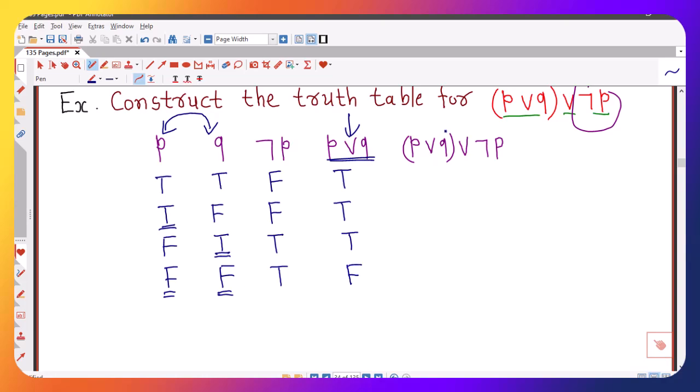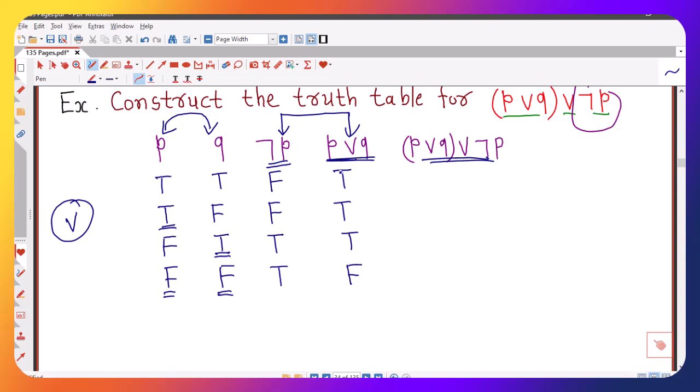Now in the next step I have to take the disjunction of these two, P or Q, and negation of P. So again we apply the same definition of OR. This is true if either this is true or this is true or both are true.